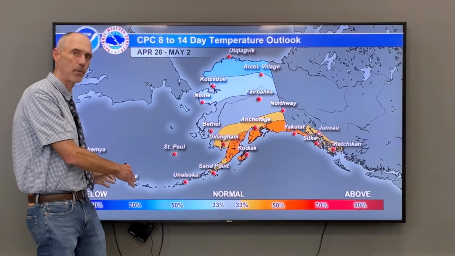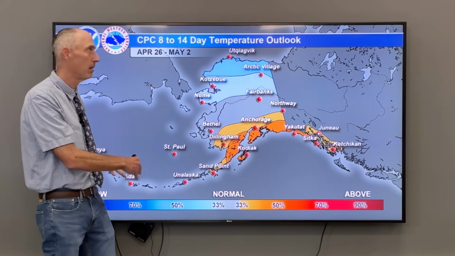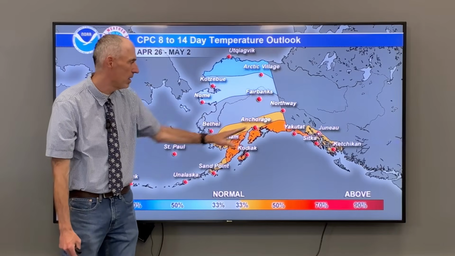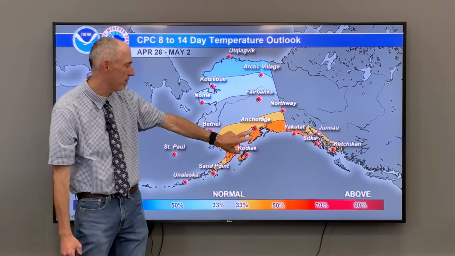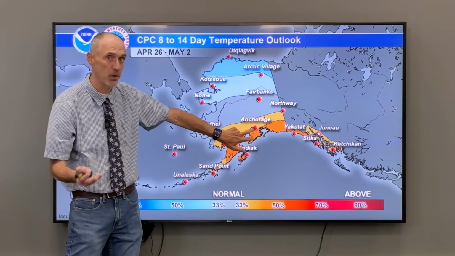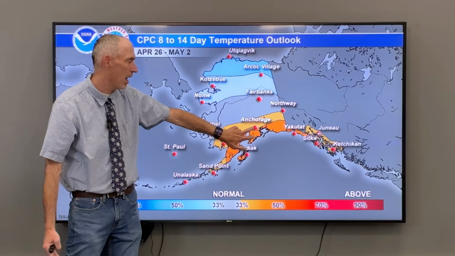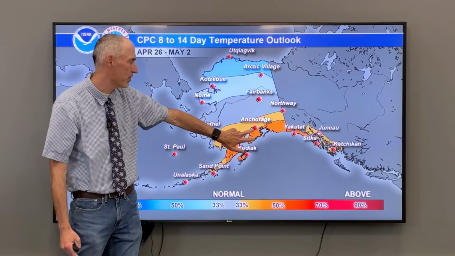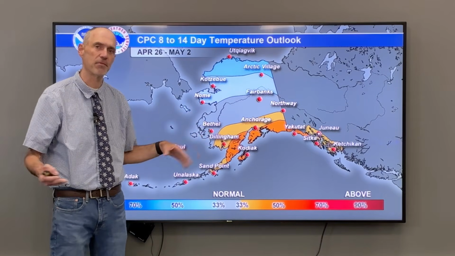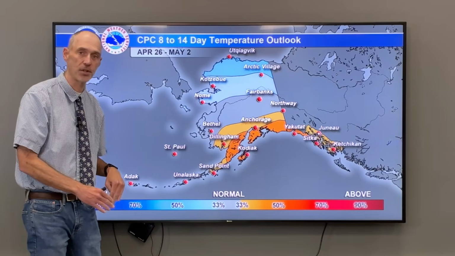It also includes a probability of being in that warmest third of the distribution. And then the opposite down here on the southern mainland, 40 to 50% chance of being above normal or in the upper distribution, and in this case, a 17 to 27% chance of being in the lowest third of the distribution.